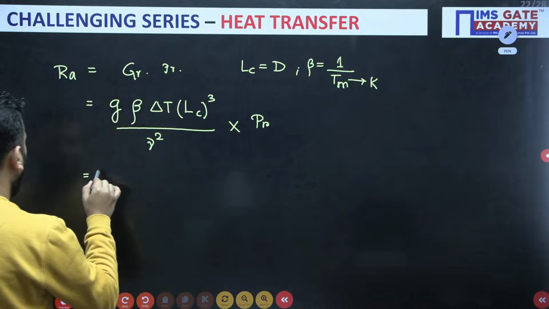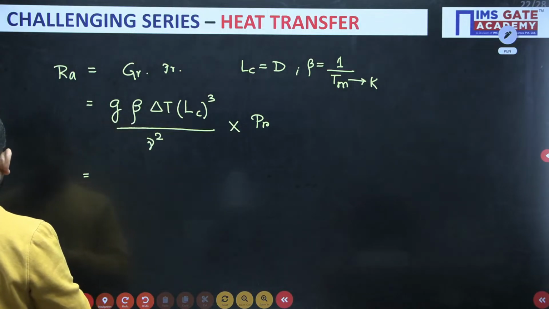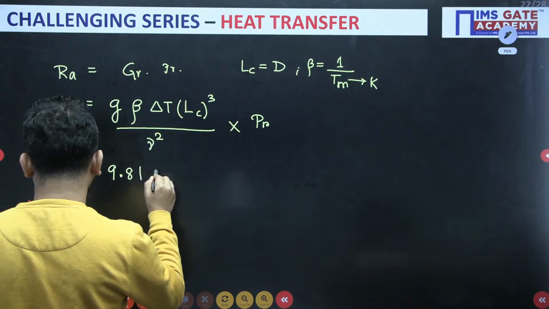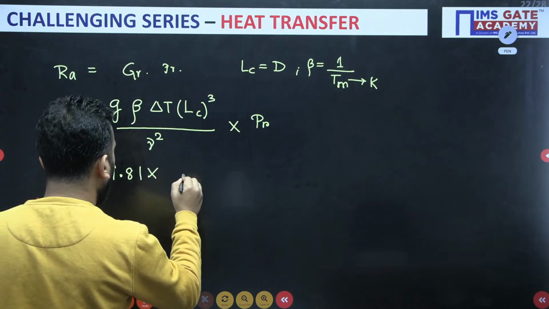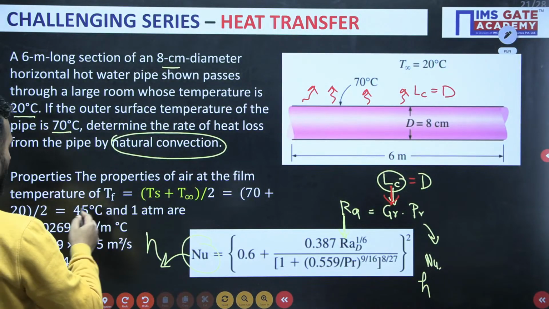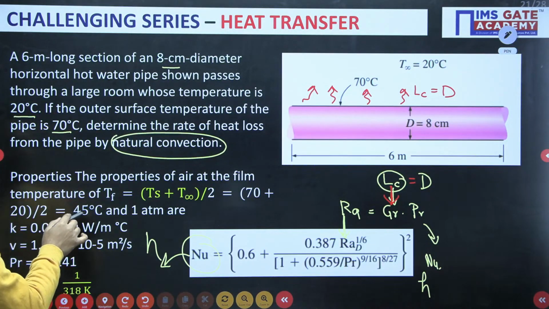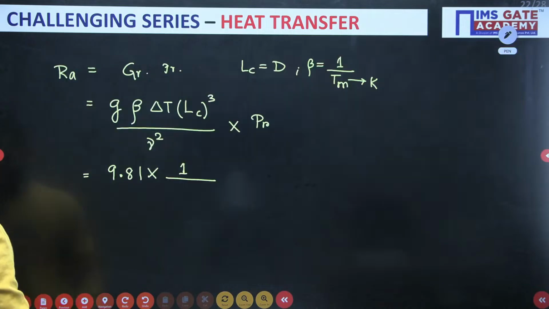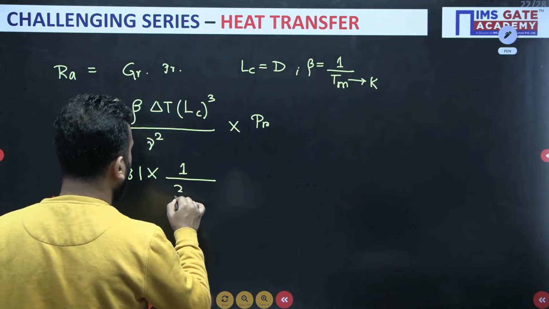So one by one I am putting the values. It is 9.81. Beta is 1 by the mean temperature. What is the mean temperature? 45 degrees centigrade, but it is in centigrade. In Kelvin it is plus 273. So 1 by 318.